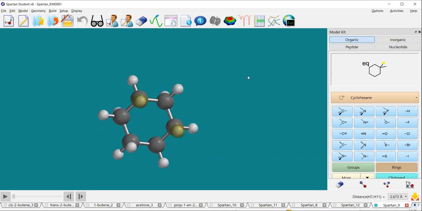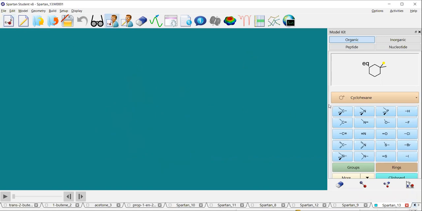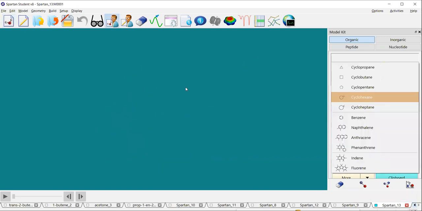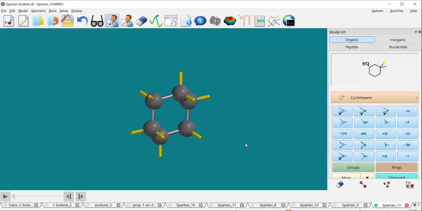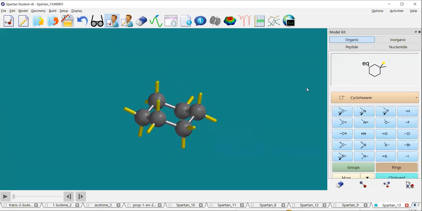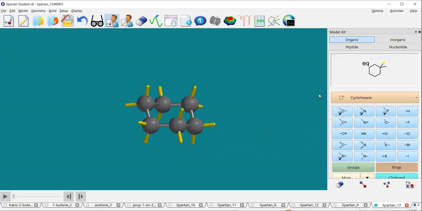So now my goal is to construct a cyclohexane boat. It's going to be my new build, and I will construct it from cyclohexane. I will construct a boat using the following procedure. First, it is my cyclohexane chair.